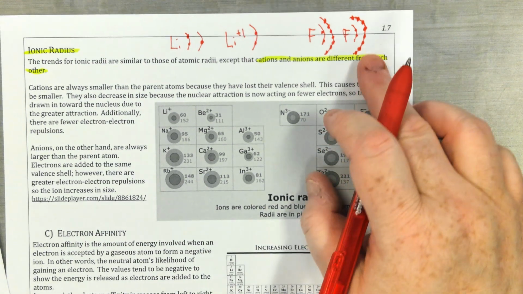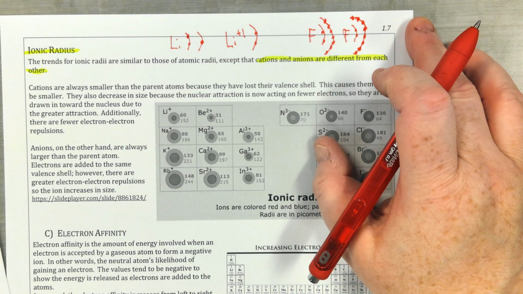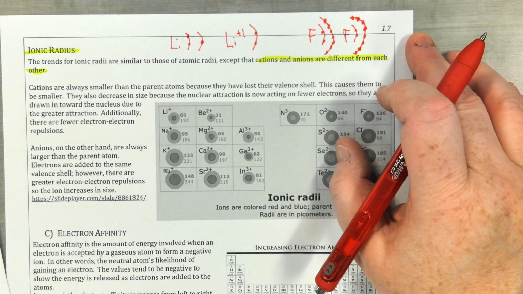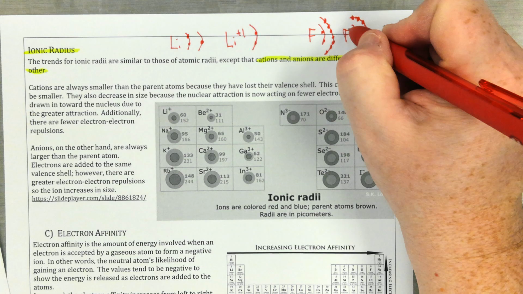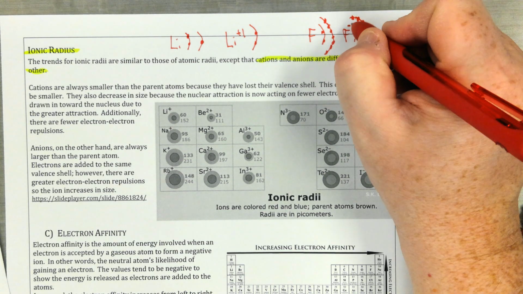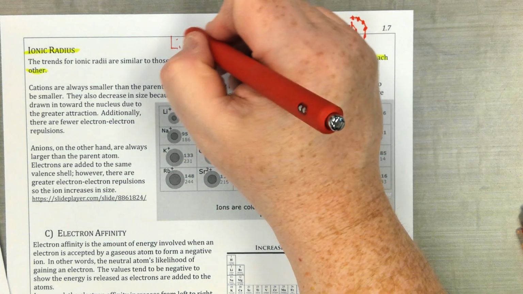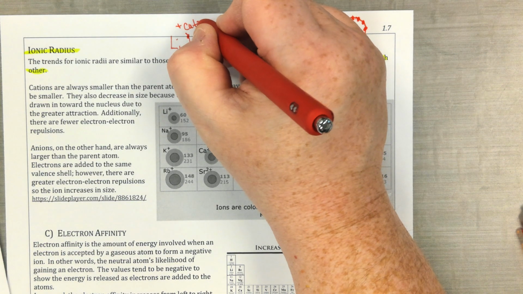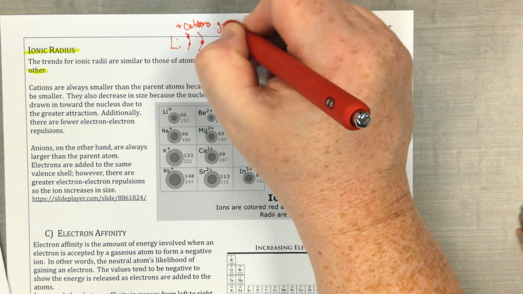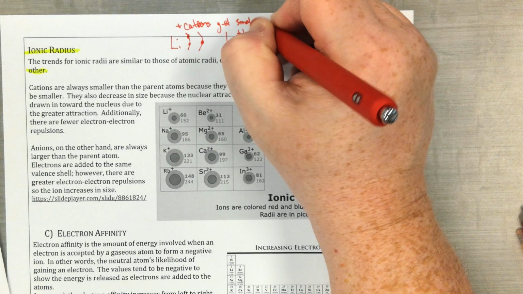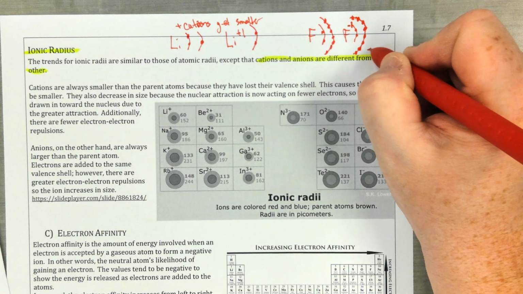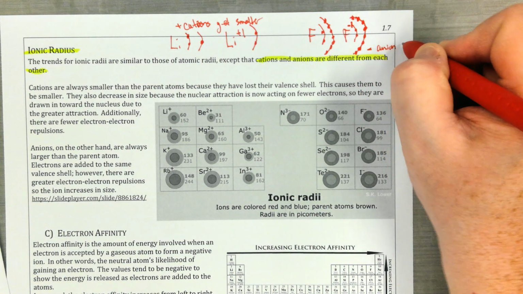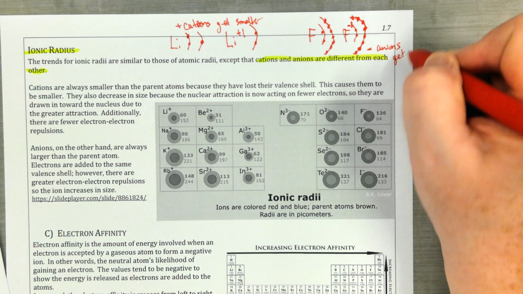That outer shell just slightly pushes out more and becomes slightly bigger. So, oops, forgot to put the negative there, F-. So positive cations get smaller and negative anions get larger.